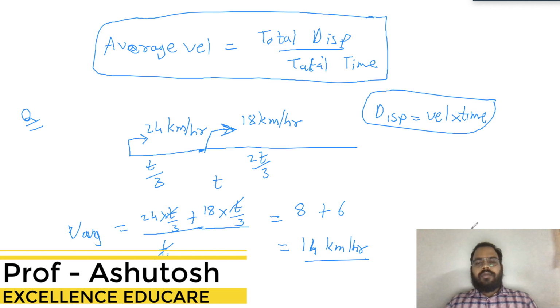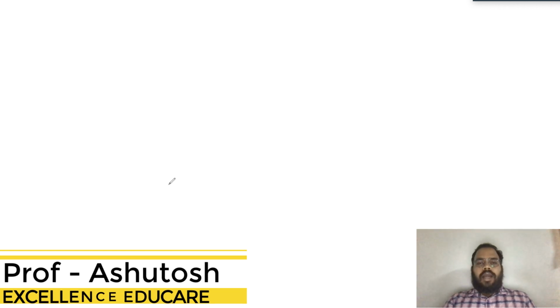Okay, let's take one more sum so you can get habituated to these types of sums. This will be a good sum. A car travels 1/3 distance with velocity 18 km per hour.